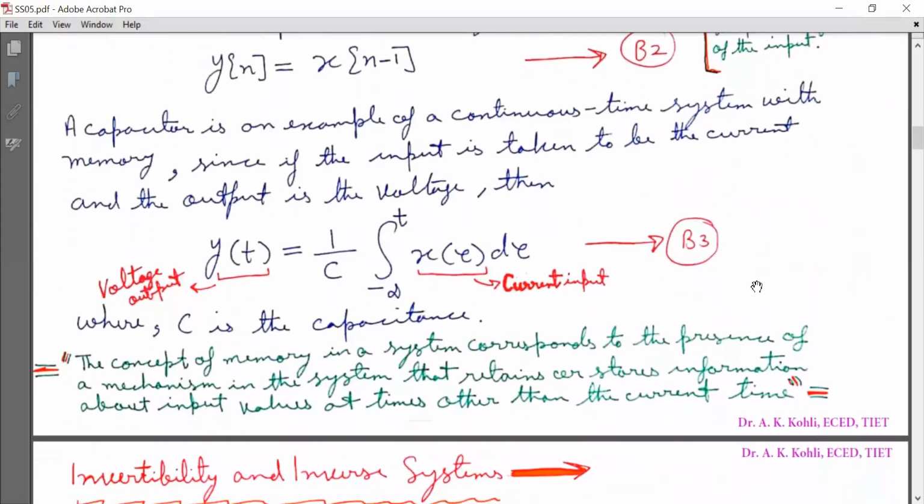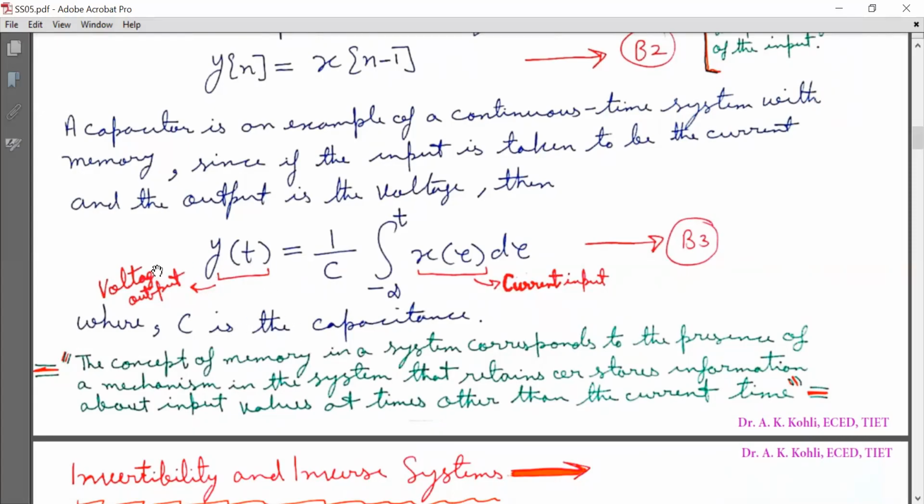Now the capacitor. A capacitor is an example of a continuous time system with memory. Since if the input is taken to be the current and the output is the voltage, then the output voltage y(t) is equal to 1/C times the integral from minus infinity to t of x(τ) dτ. Here x(τ) is the current input, and this is equation B3, where capital C is the capacitance.